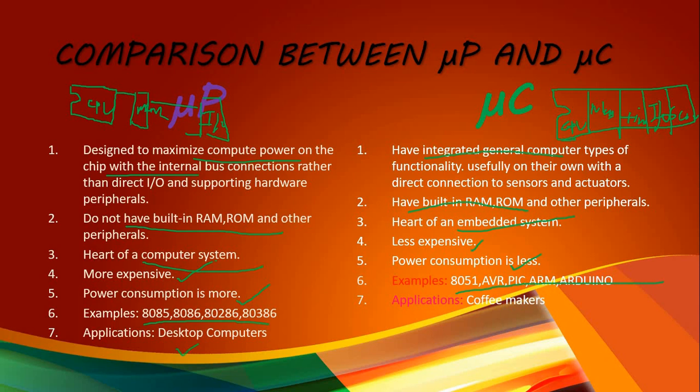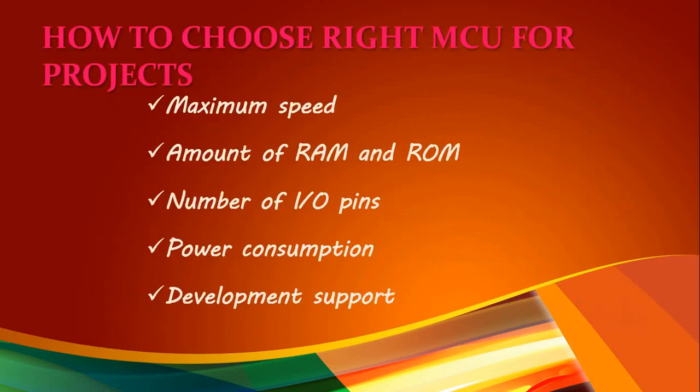In desktop computers we can use a microprocessor, and in applications like coffee makers and bread toasters we can use microcontrollers. That is, in small electronic devices we can use microcontrollers, but microprocessors are used only in bulky applications. These are some comparison differences between a microprocessor and a microcontroller.